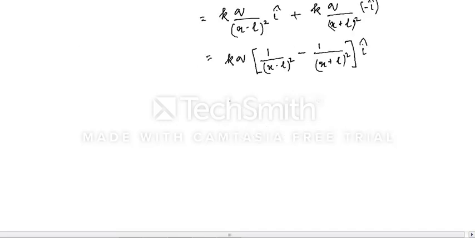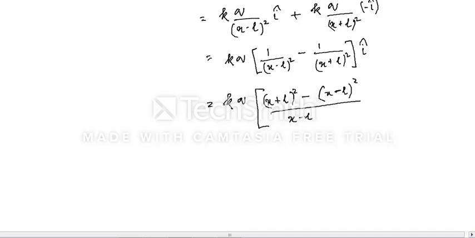So what we are getting? We are getting KQ times x plus L whole square minus x minus L whole square, divided by x minus L whole square times x plus L whole square, i cap.